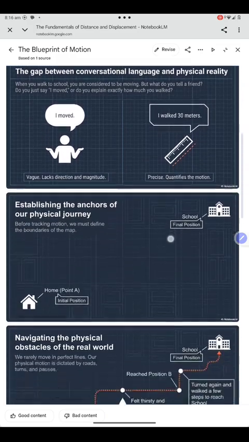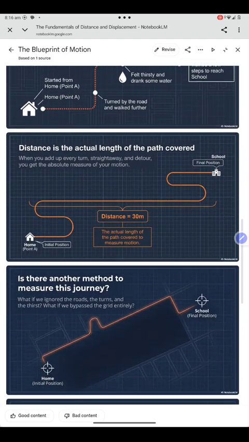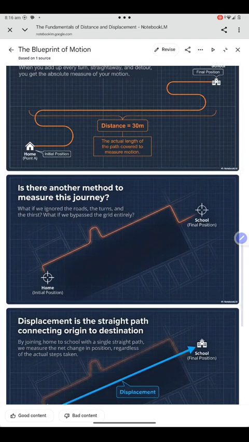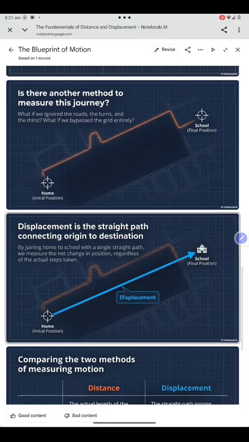Now we come to the next point: besides distance, you can also measure the displacement.